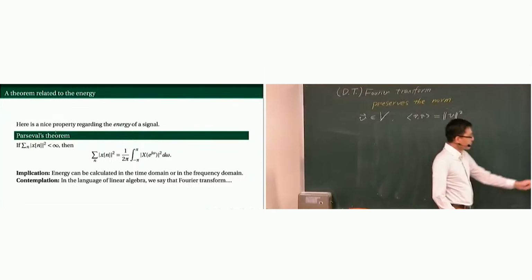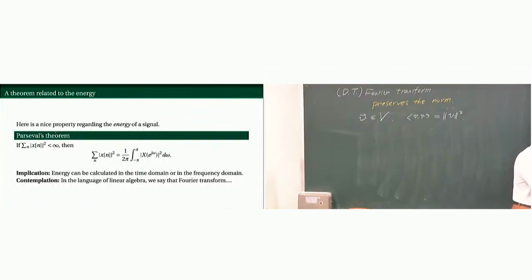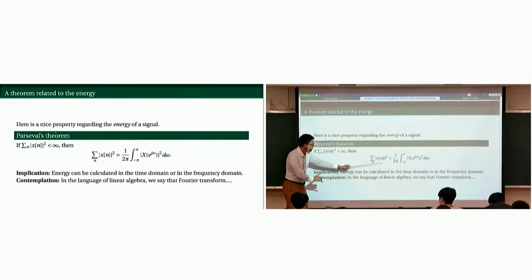Long story short, you can appreciate it as a kind of norm square. This is the result of taking the inner product of our signal with itself, much like any finite length vector.